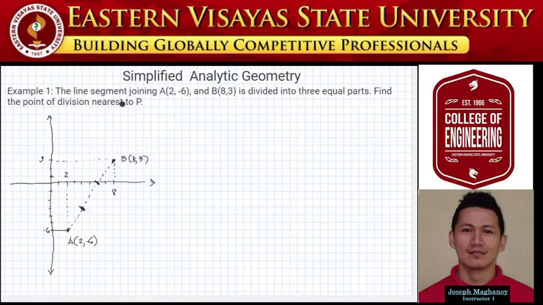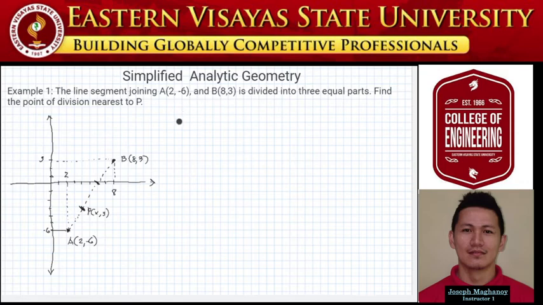So find the point of division nearest to A. In this figure, the nearest division is our P at the lower side.